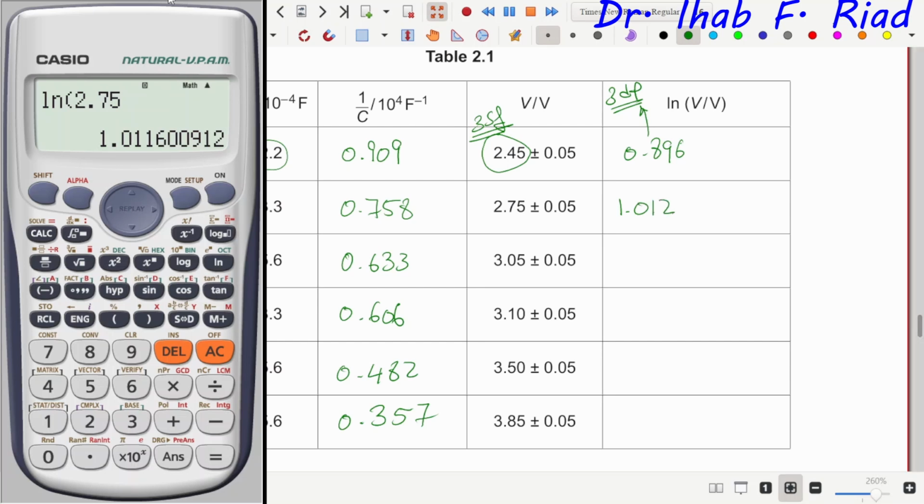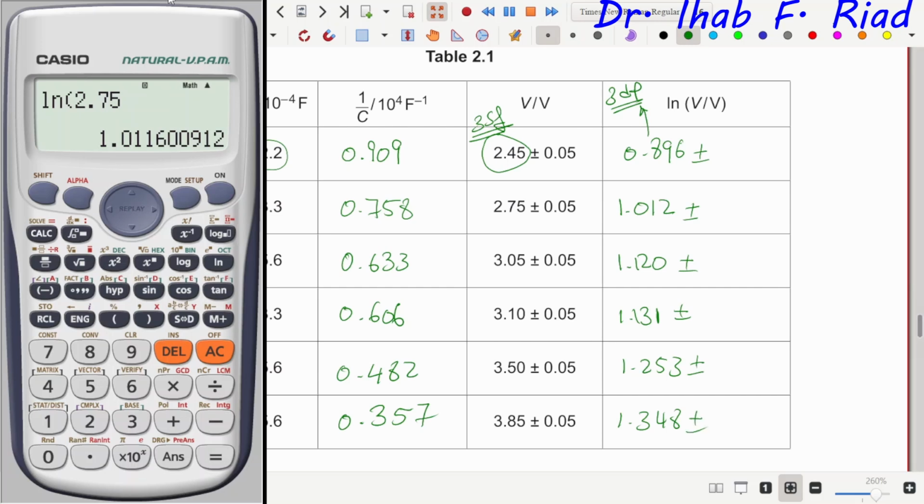Let me do the rest: 1.120, 1.131, 1.253, 1.348.